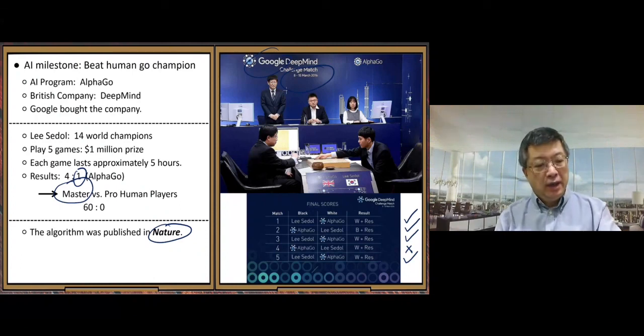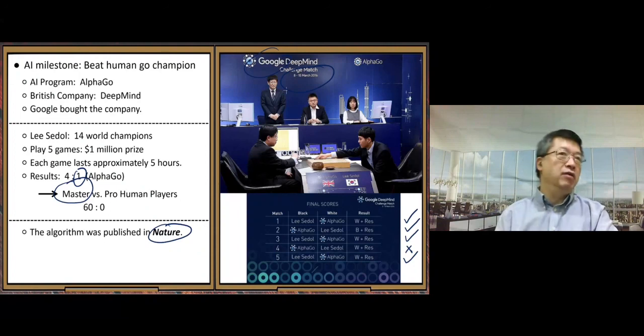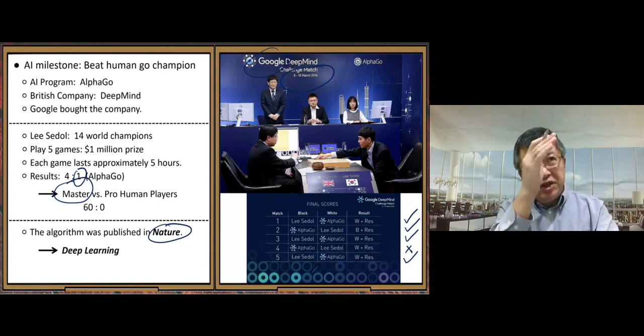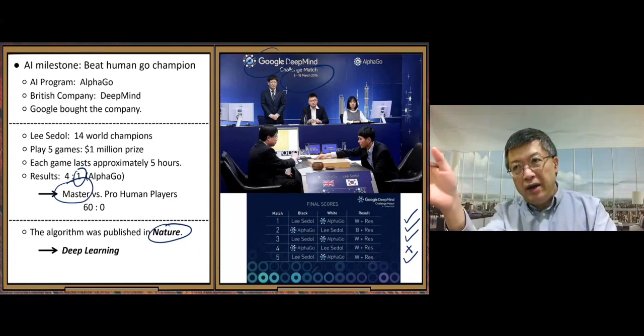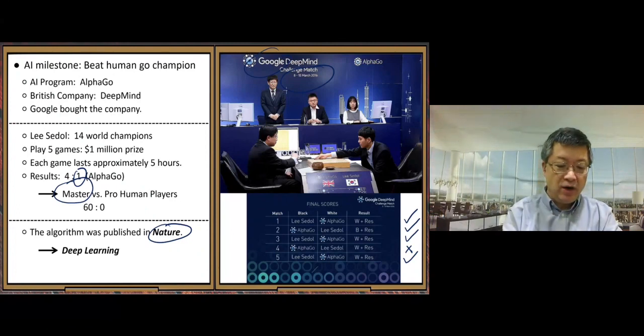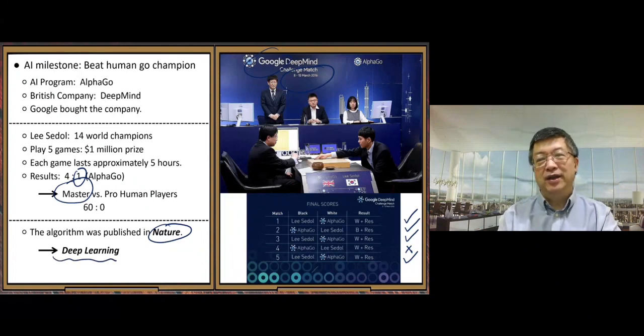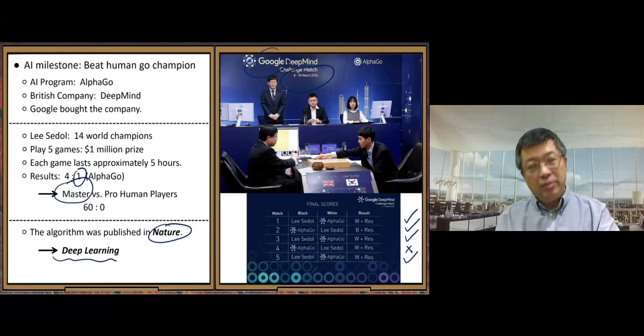So now you can see algorithms can be very powerful. And behind this AI game success story is the deep learning algorithm. You may have heard of deep learning all the time. But in this class, we will not touch the deep learning topic.